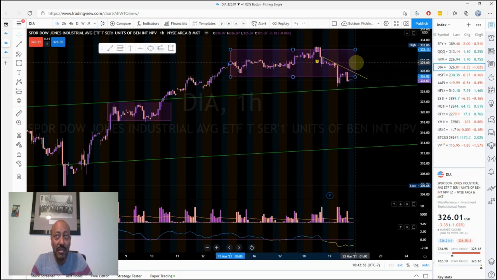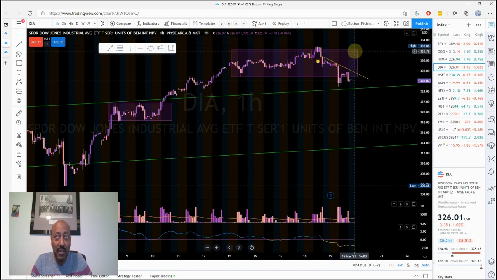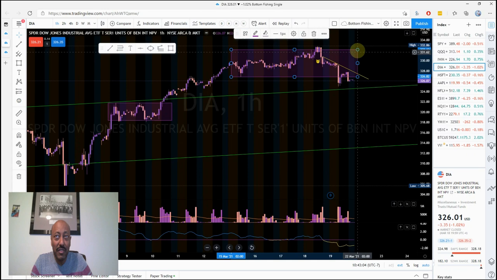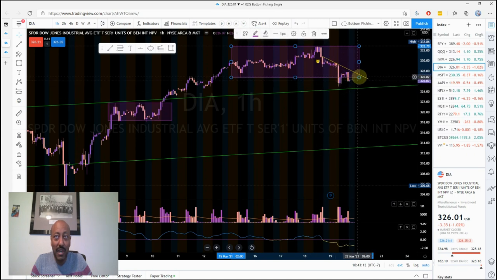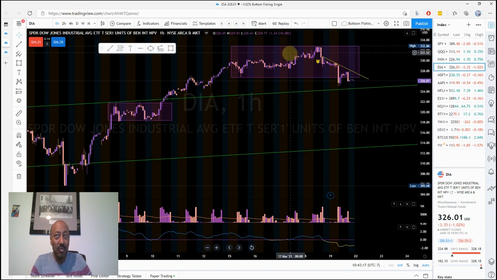So this box could be maybe extended a little bit more, right? It could be more of this box that I need to draw. It could be that, it could be this, or it could be just this. This is a fake breakout and it's going to resume the other way. So just be careful. This could be a reaccumulation, right?